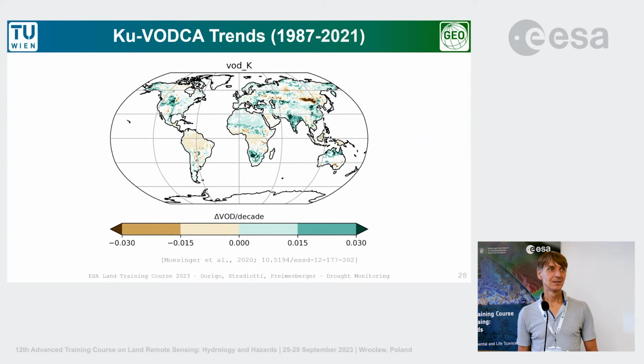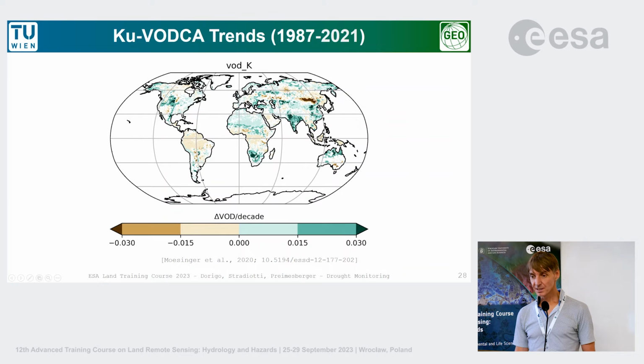No? Yeah, it's an expansion of agriculture and irrigation that you can see here. You see also in Eastern Europe an increase in VOD, which is related to abandonment of fields after the breakdown of the Soviet Union.